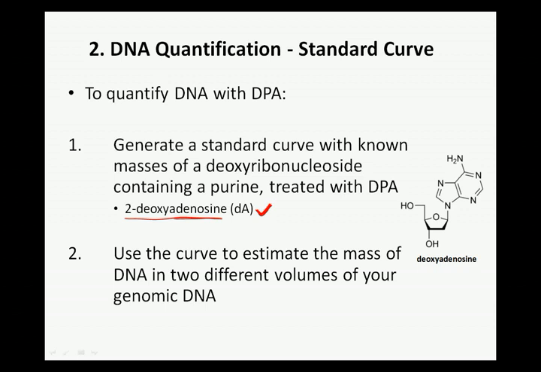Notice this contains a purine and therefore will react with diphenylamine. Once you've done this, you can take 2 samples from your own genomic DNA that you have isolated in these 4 weeks, do the same reaction, measure the absorbance, and using the standard curve you generated with known masses of deoxyadenosine, you can figure out how much you have in there.